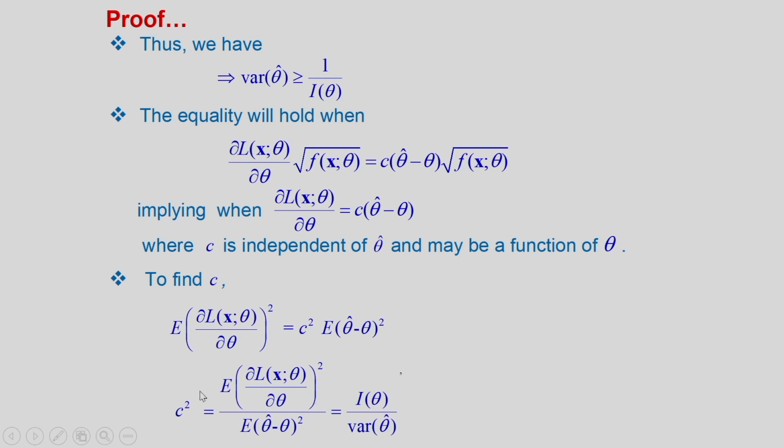So, c square will be equal to E of (del L del theta) whole square divided by E of (theta hat minus theta) whole square. This is the variance and this is the information statistic. So, c square is equal to I(theta) divided by variance of theta hat. So, this scalar c is given by this.